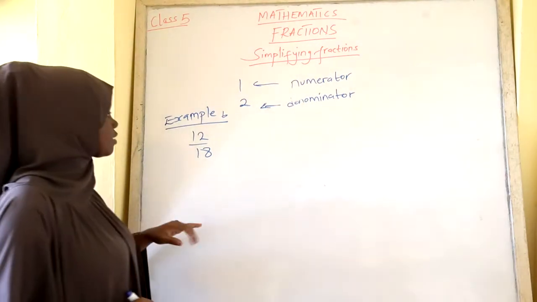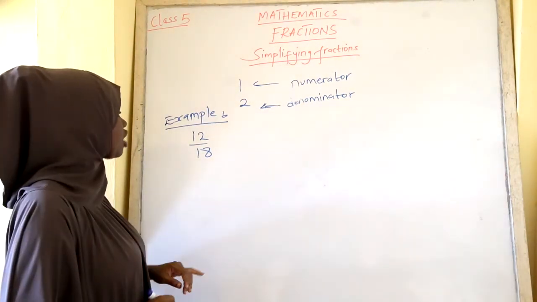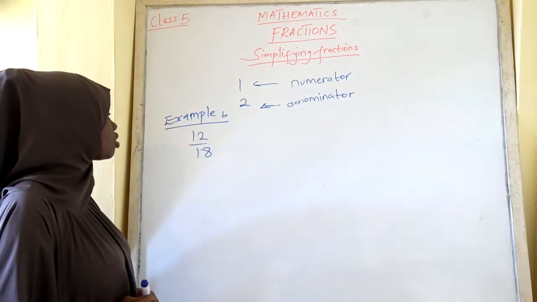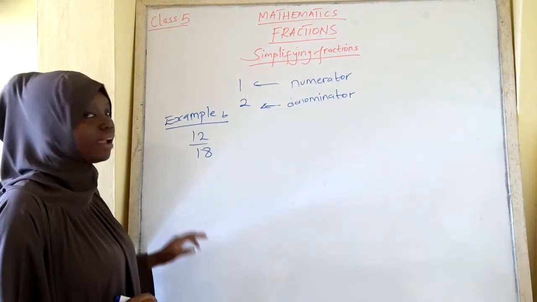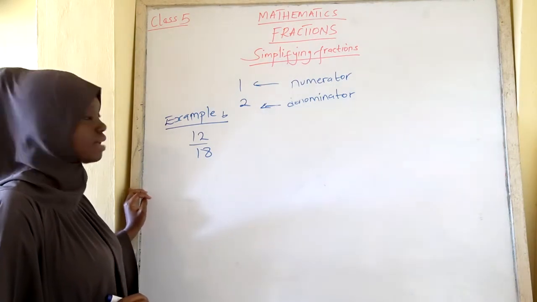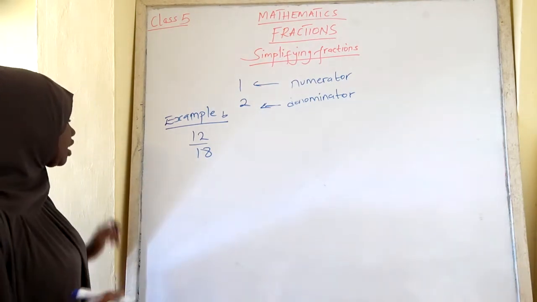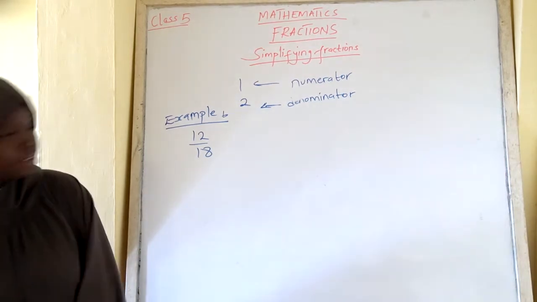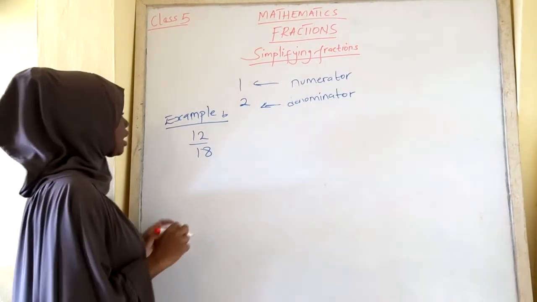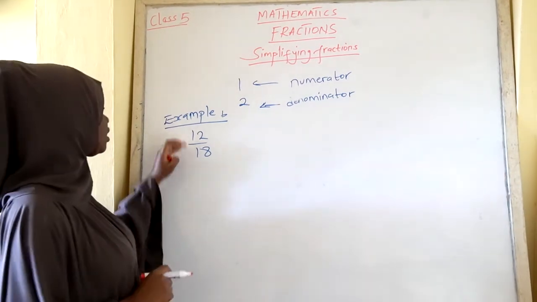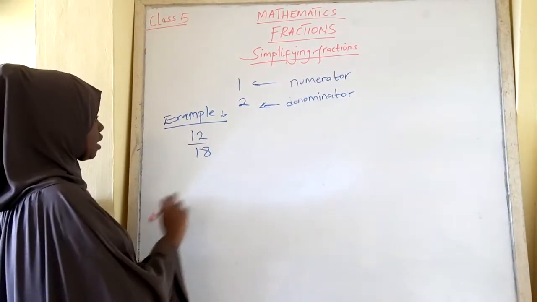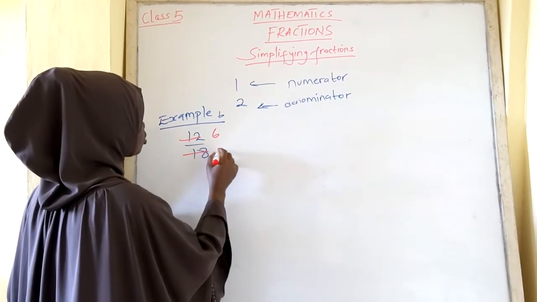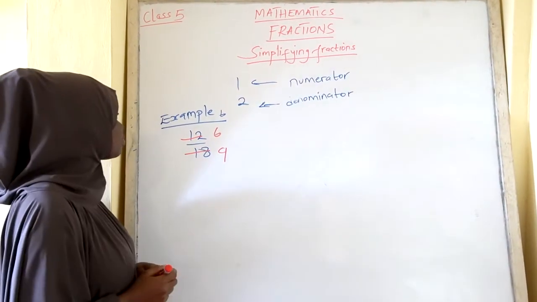Okay, in this example, we are given the fraction 12 out of 18. There are other fractions you can divide by more than 2 divisors. For example, if you are given 12 out of 18, we can start by 2, because 2 can divide both the numerator and the denominator. So 12 by 2 we get 6, and 18 by 2 we get 9.